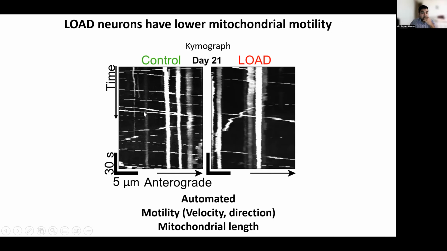With this system we saw that, yes, in the Alzheimer's disease brain there is less movement. This is a kymograph. In the kymograph, the lower the line, the lower the mitochondrial movement, because the x-axis is time. So we saw that in Alzheimer's disease cultures the mitochondria are moving less. We saw that in Alzheimer's disease cultures the mitochondria are less healthy, because there is less mitochondrial protein, but there is phosphorylated tau.